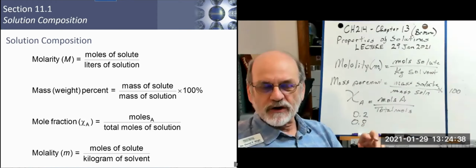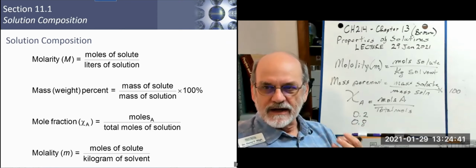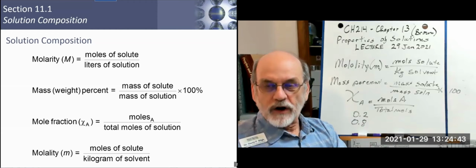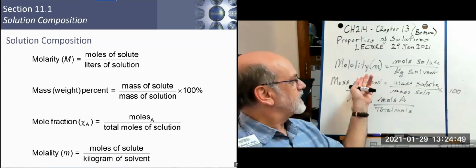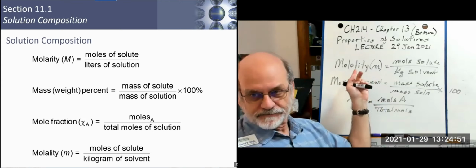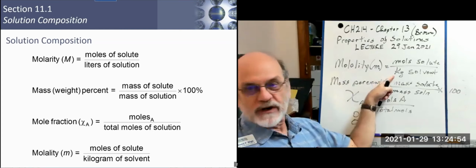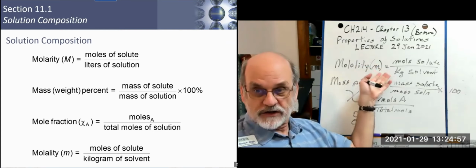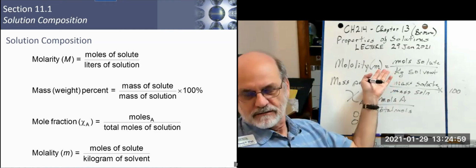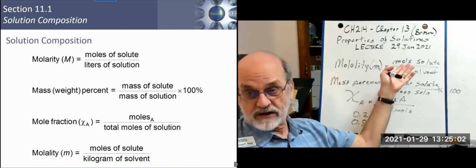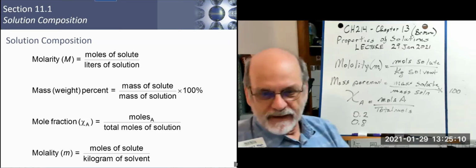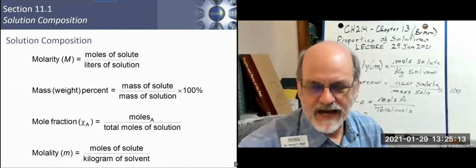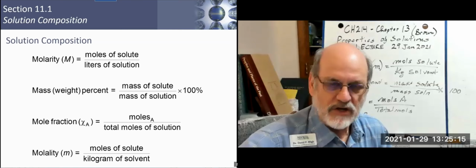So if you're going to use an expression for concentration in an operation where you're expecting the temperature to change, you may want to think about using molality instead, because its expression is free from changes due to temperature, because the mass will not change due to temperature. And of course the moles won't change either. You're counting a certain number. Okay, so those are the main types of expression for solution composition.